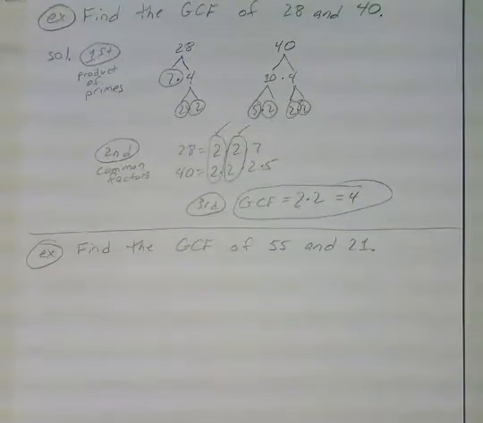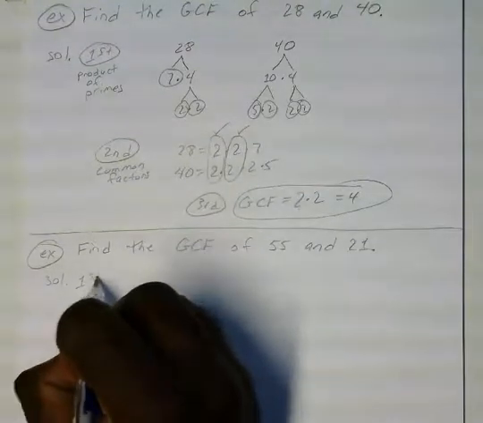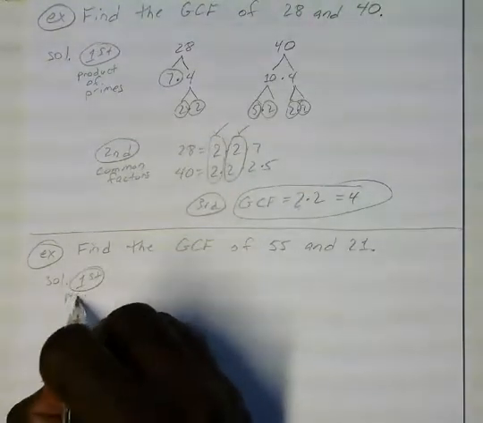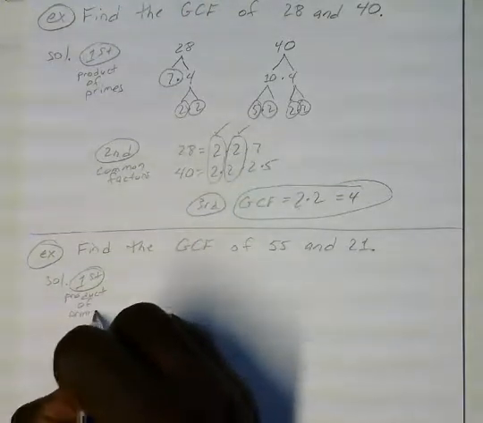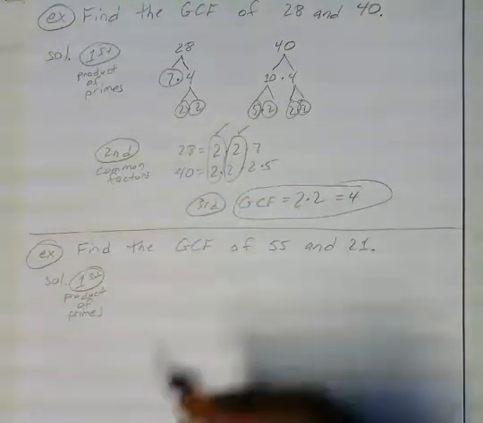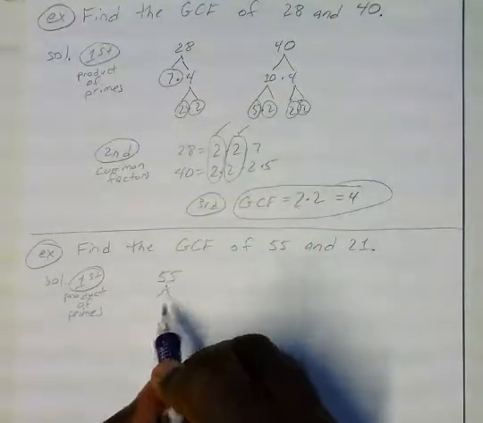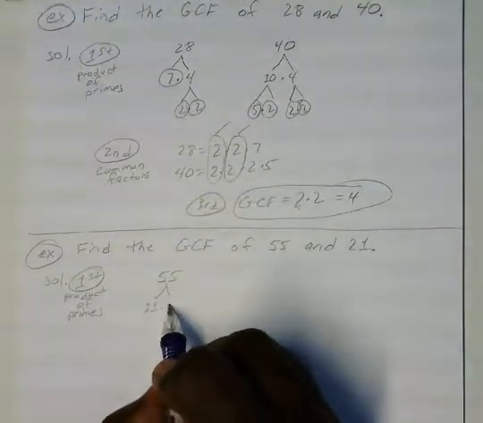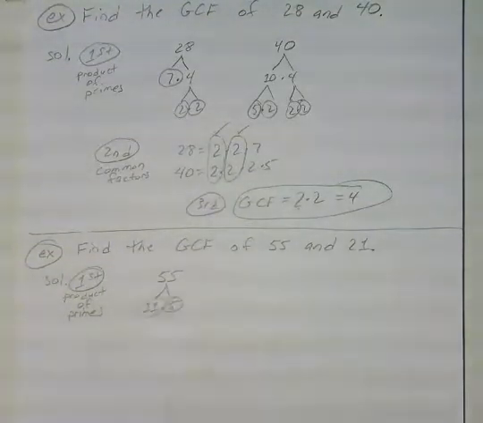Just like before, your first step is going to be the product of primes. So 55, that's pretty straightforward. That's just 11 times 5. And neither one of those can be reduced anymore, so we go ahead and circle them.